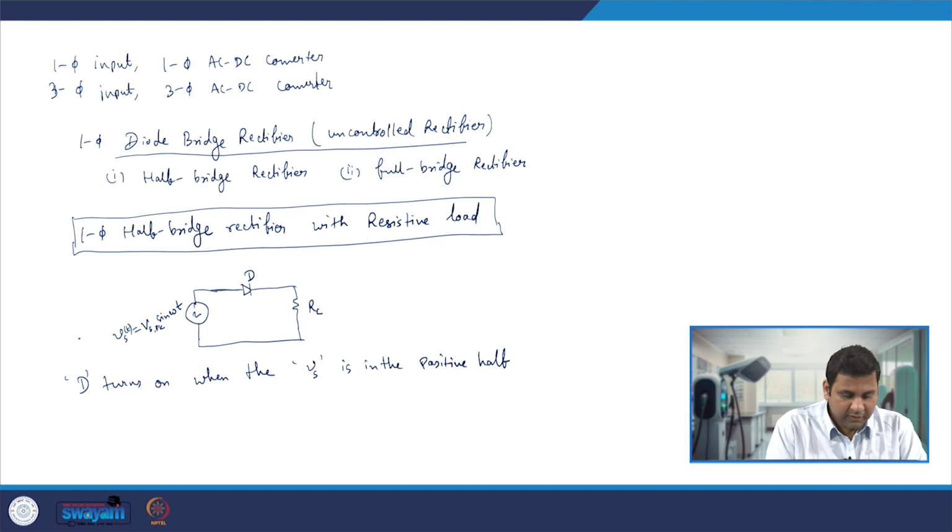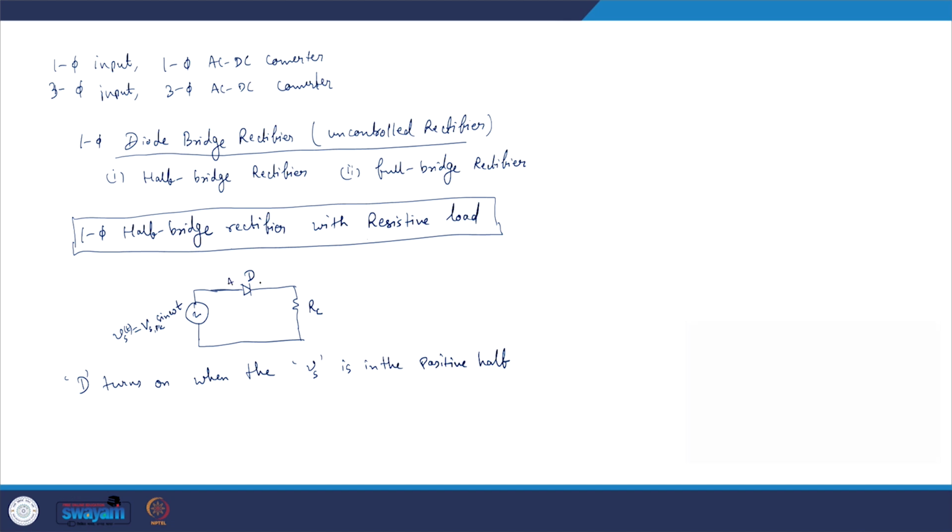Why? Because if it is in the positive half cycle, the anode of this diode will have positive polarity of voltage, and thus it will be forward biased, while in the negative half cycle the anode will be at negative polarity of voltage, and that is why it will be reverse biased. So, it turns on when Vs is in the positive half cycle, and it will allow the current to flow through it in the direction from anode to cathode. This is its anode, this is its cathode.